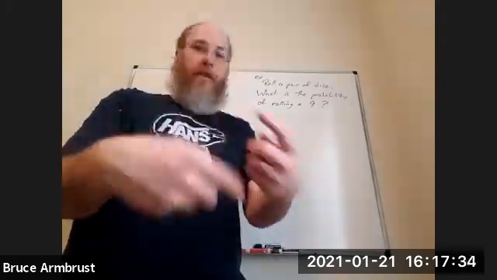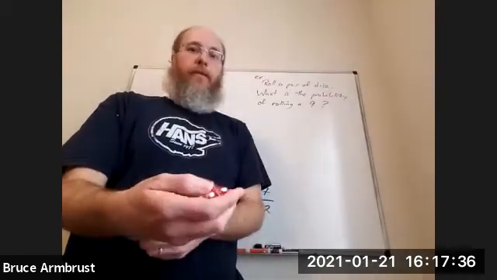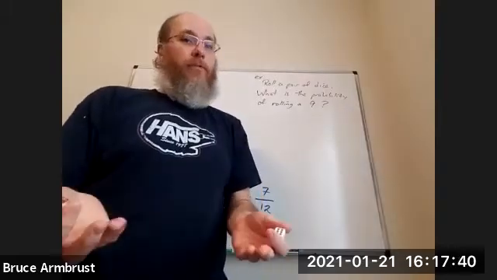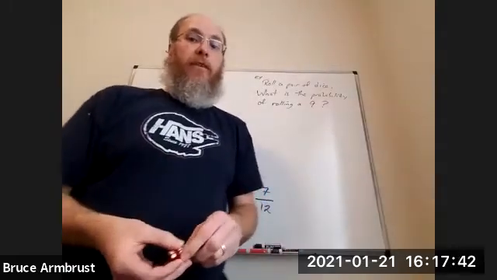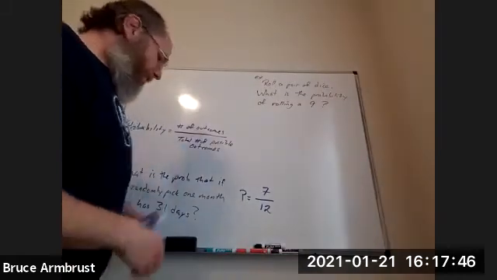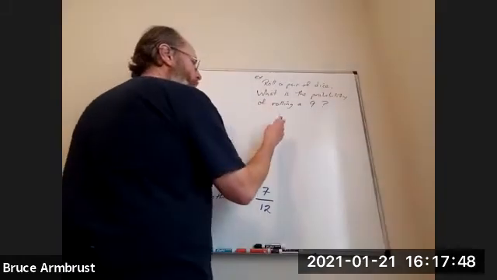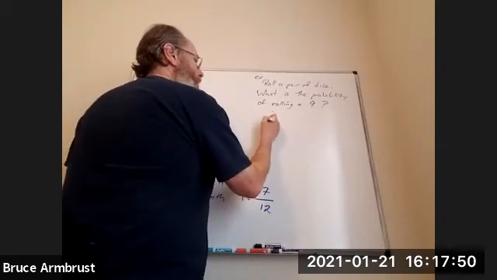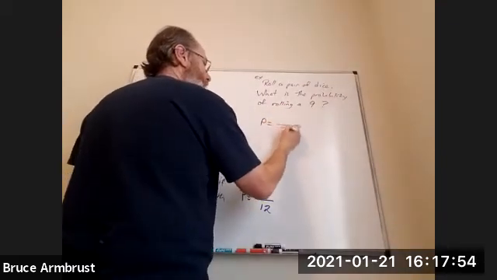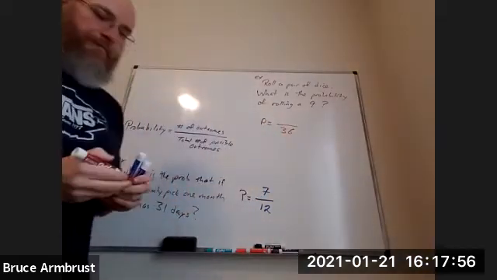Well, if red is 2, I can do the same thing, get all 6. When red is 3, I can get 6 more. So I get 6 plus 6 plus 6 plus 6, right? And I do that 6 times. We know that's multiplication. It's 6 times 6 is 36. So for this guy, it turns out that the denominator for our probability is going to be 36. 36 possible outcomes.